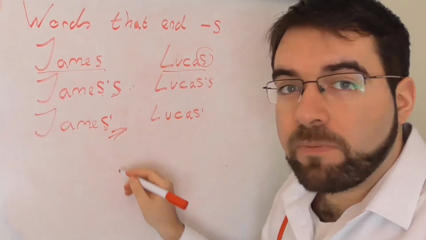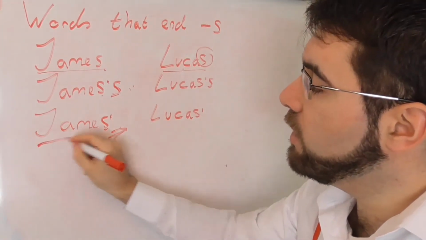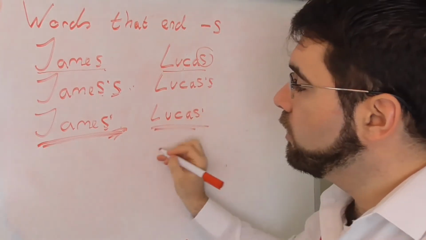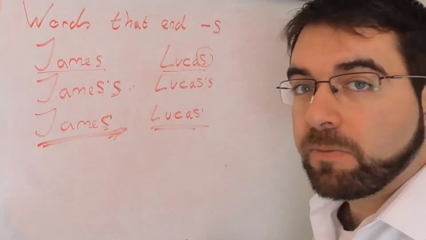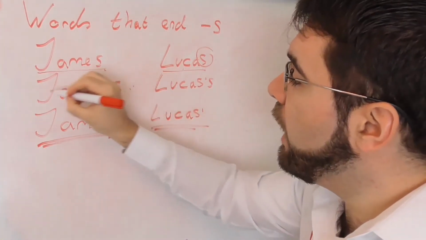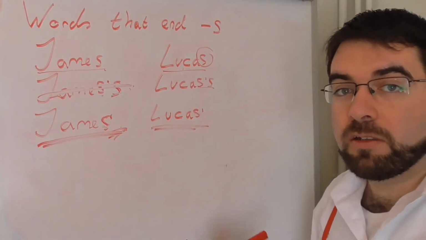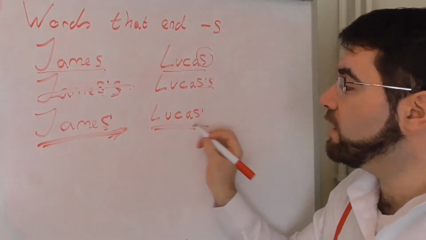Well, we'll leave it at that. We'll just add the apostrophe. We'll write the name out as usual. This is James's hat. This is Lucas's song. But we just add the apostrophe and leave it at that. We do not add another S after the apostrophe. We just don't. We just leave it as it is.